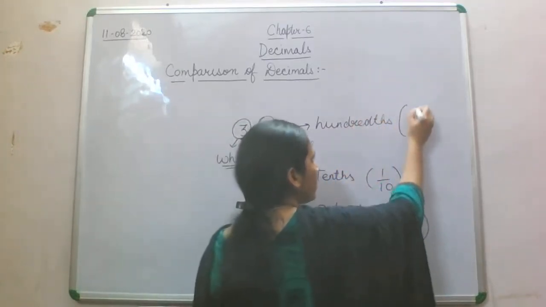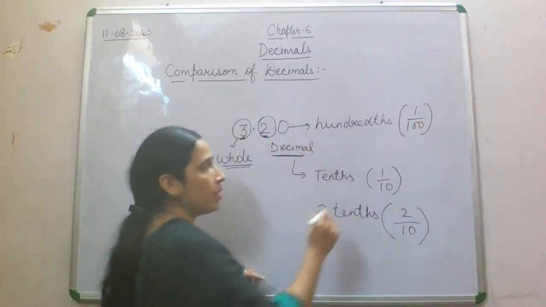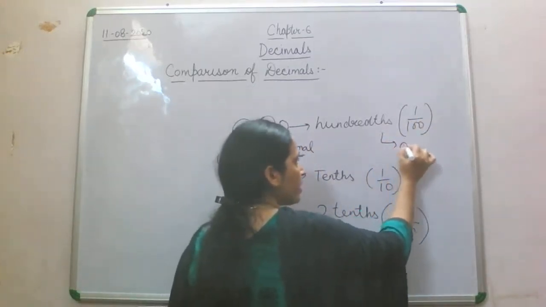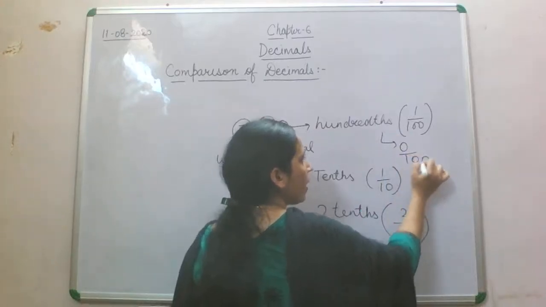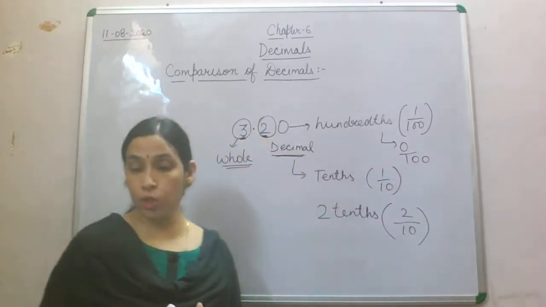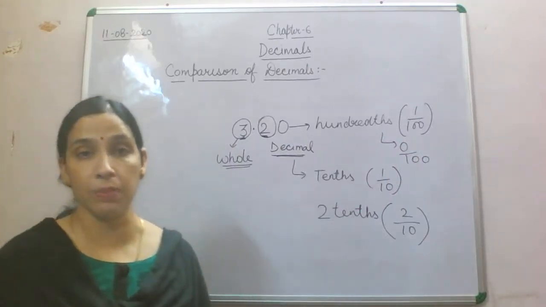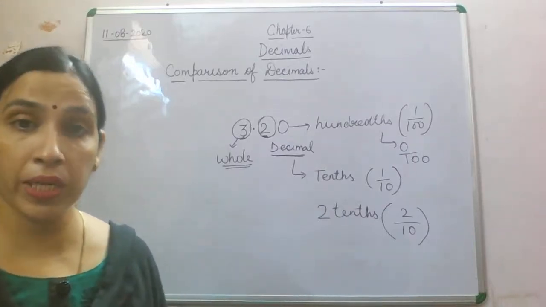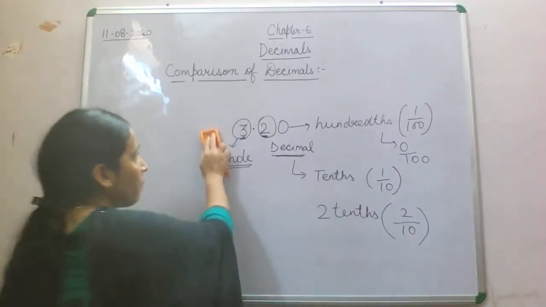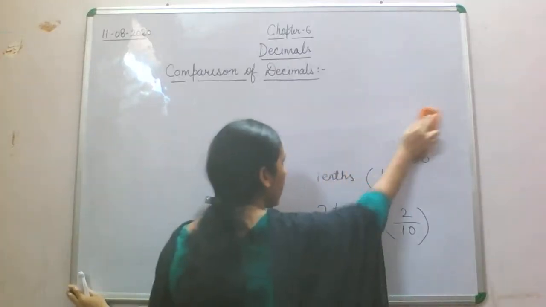It means now the 100th place will be represented by 1/100, or here it will be 0/100. So this is the concept of 1/10, 1/100, whole number and decimal part, which you have to keep in your mind to compare any two decimal numbers.